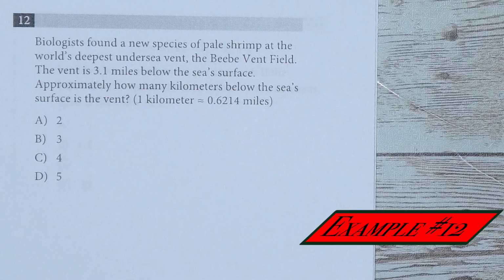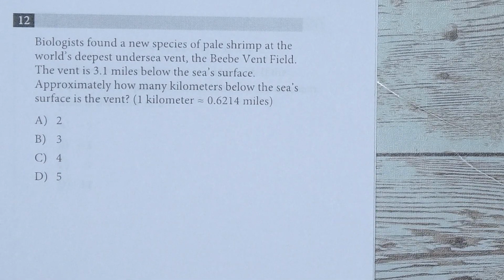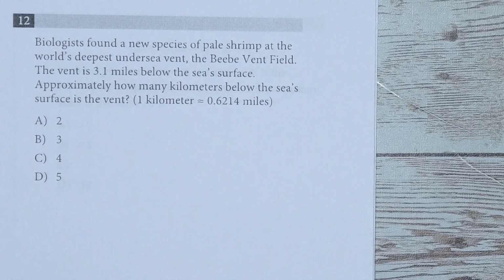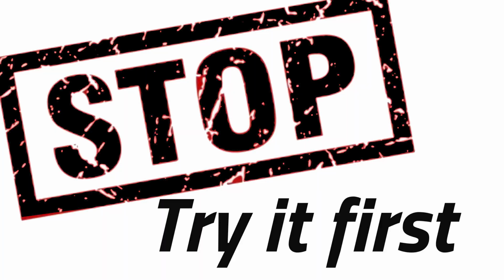Biologists found a new species of pale shrimp at the world's deepest undersea vent, the Beebe Vent Field. The vent is 3.1 miles beneath the sea's surface. Approximately how many kilometers below the sea's surface is the vent, when 1 kilometer is equal to 0.624 miles?